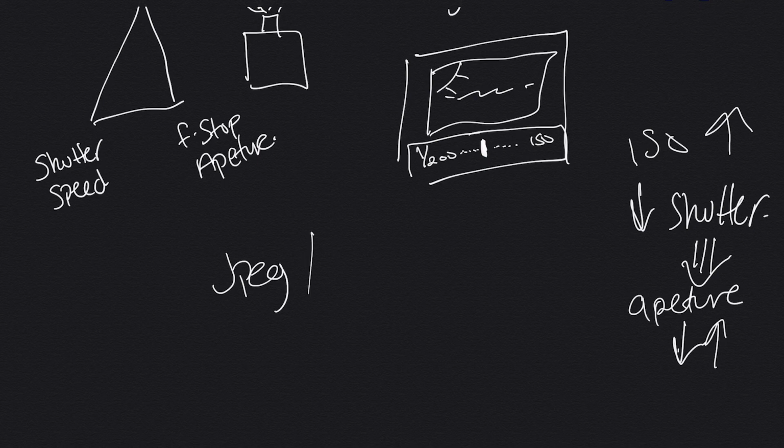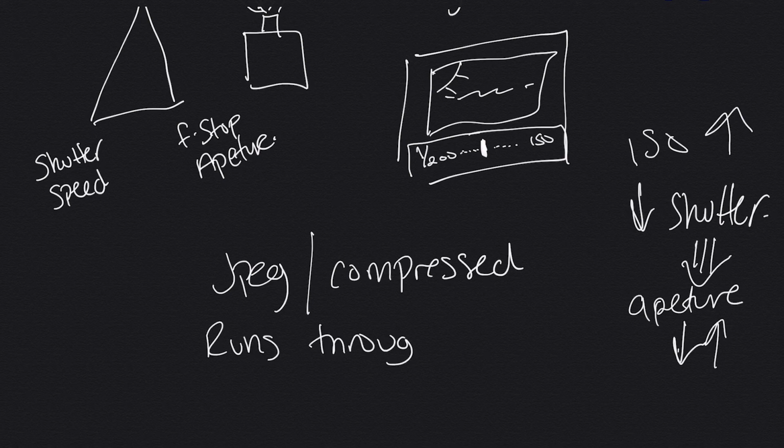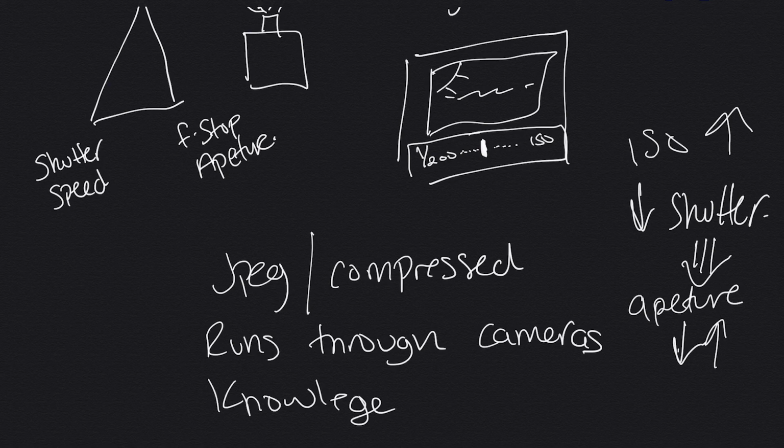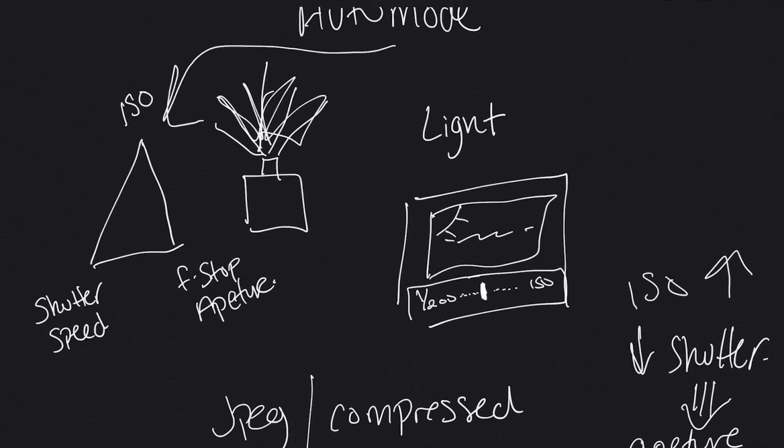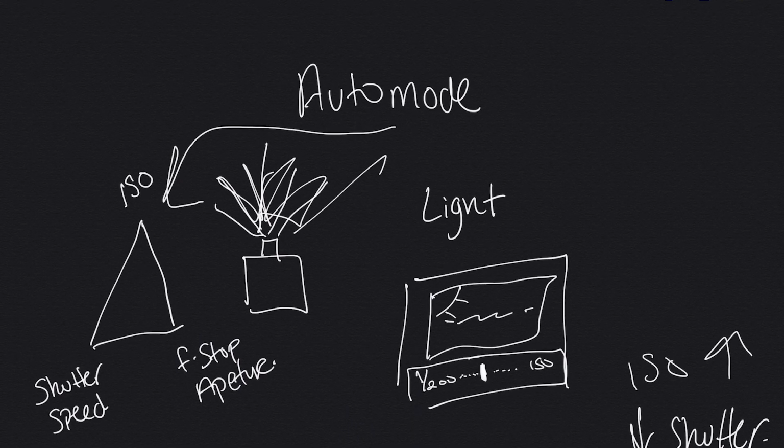A JPEG is just a compressed image that runs through your camera's knowledge of the best color correction. So when you take the photo, let me just back up here, it comes in here.